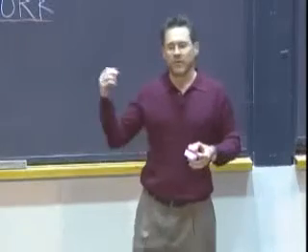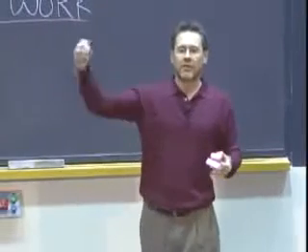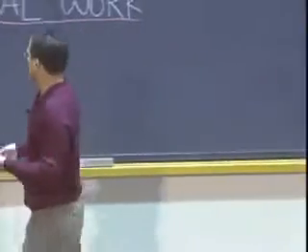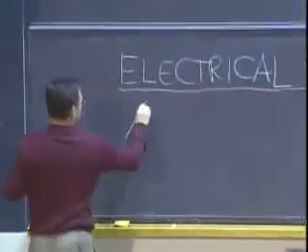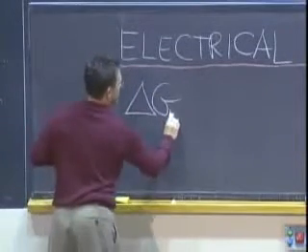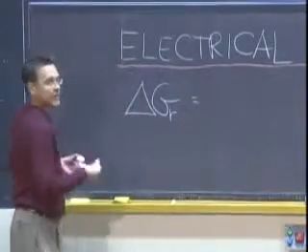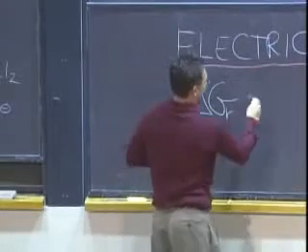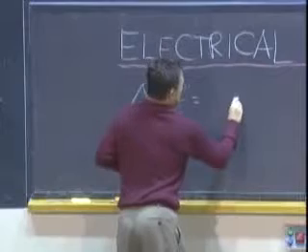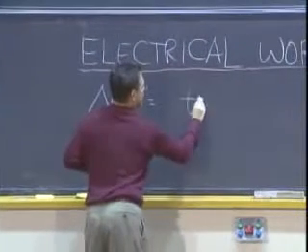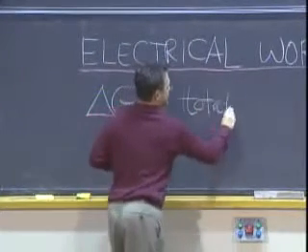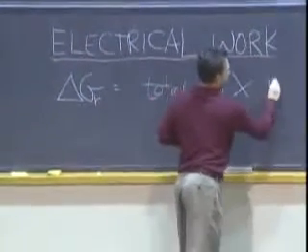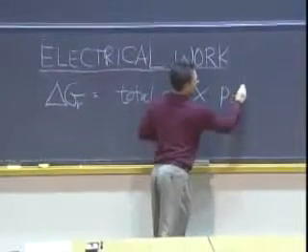Okay, so you can think of a waterfall of electrons flowing from a place of high potential to a place of low potential if you want to get an idea for our expression for the way that the free energy of reaction is related to electrical work. And it is a potential difference. It's the total charge that is passed multiplied by the potential difference through which the charge is passing.